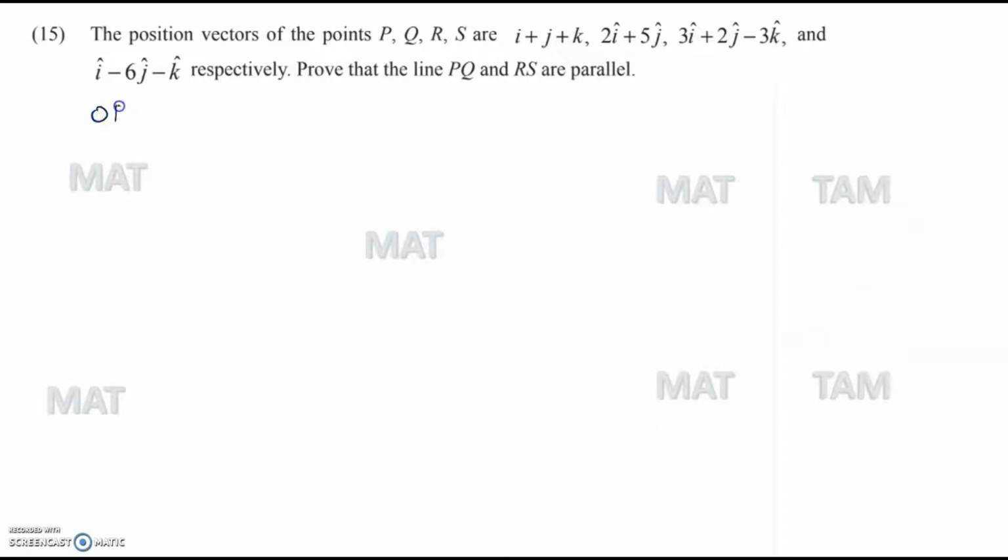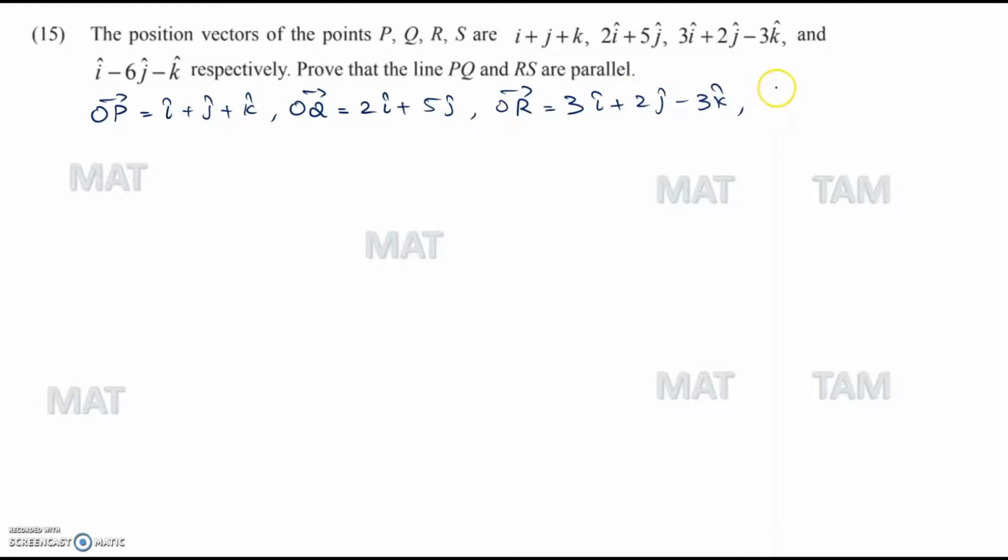So vector OP will be equal to i cap plus j cap plus k cap, and our vector OQ is equal to 2i cap plus 5j cap, and our vector OR is equal to 3i cap plus 2j cap minus 3k cap, and our vector OS is equal to i cap minus 6j cap minus k cap.